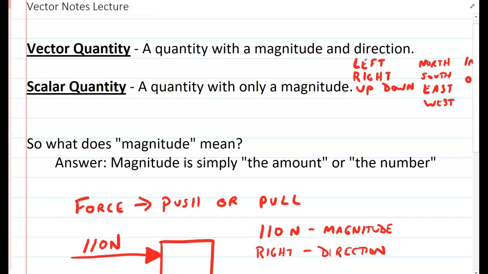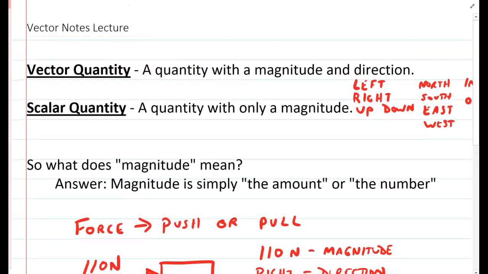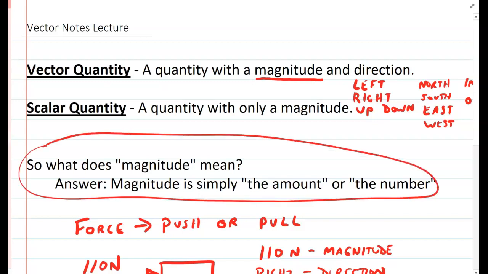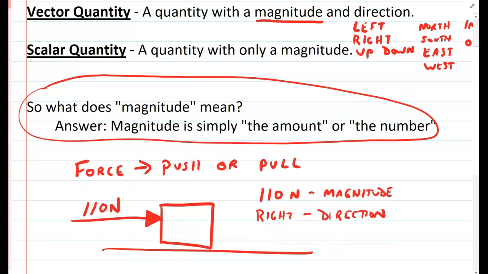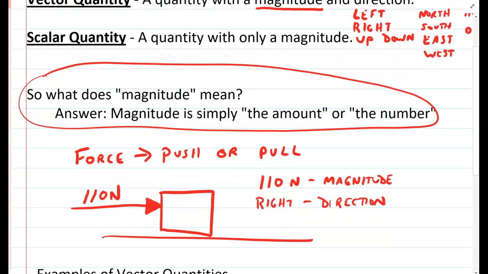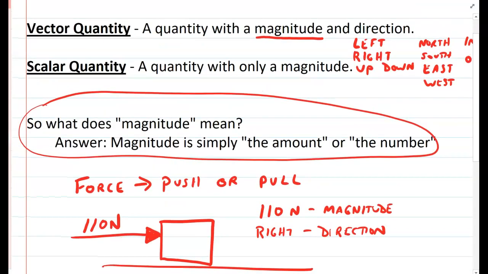So let's review this for a second. A vector is a quantity with a magnitude and direction. Magnitude is simply the amount or the number. So in my example right down here, 110 newtons is the magnitude, and the direction is to the right.